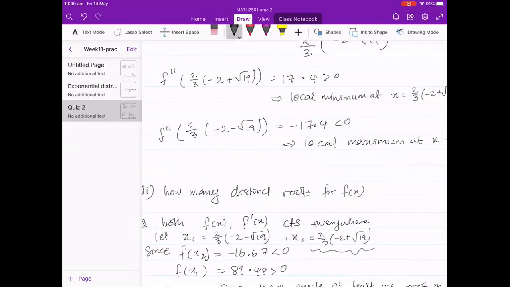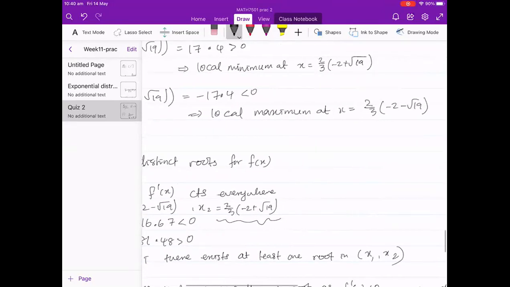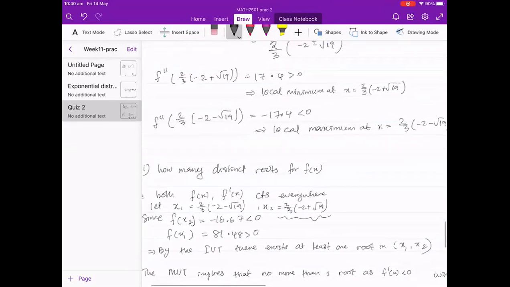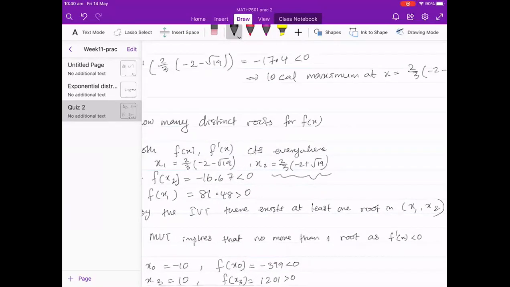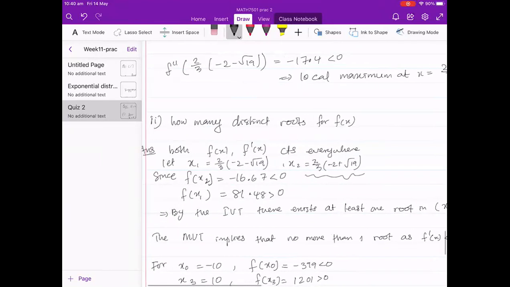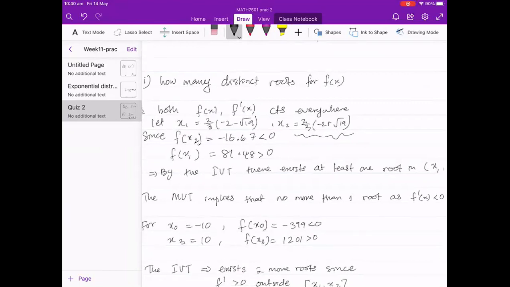What does that mean? Yep, by the intermediate value theorem, there exists at least one root in the interval between x1 and x2. Then you can use the mean value theorem because when we took the derivatives, there's no more than one root, as f dash x is negative between x1 and x2.